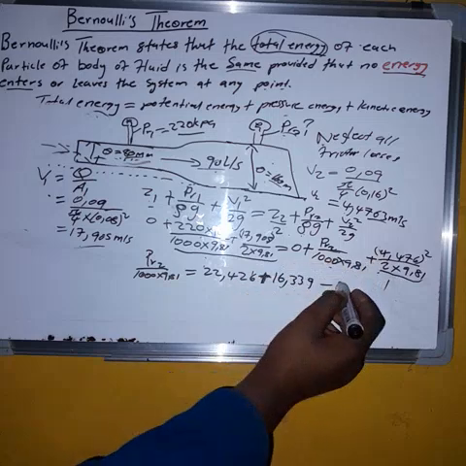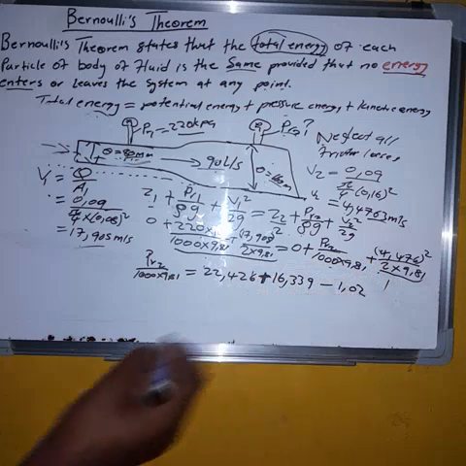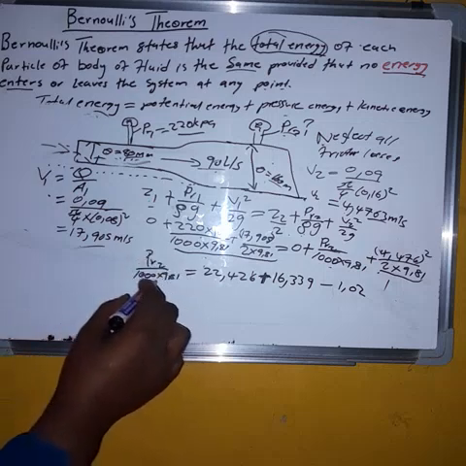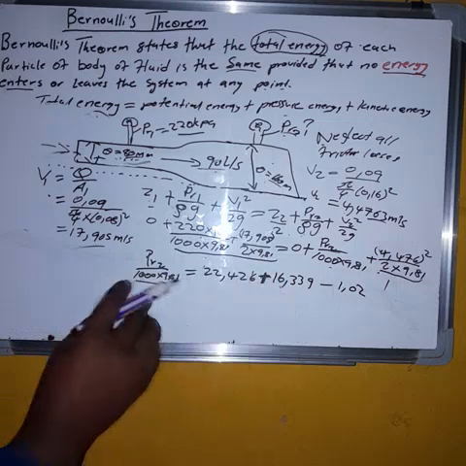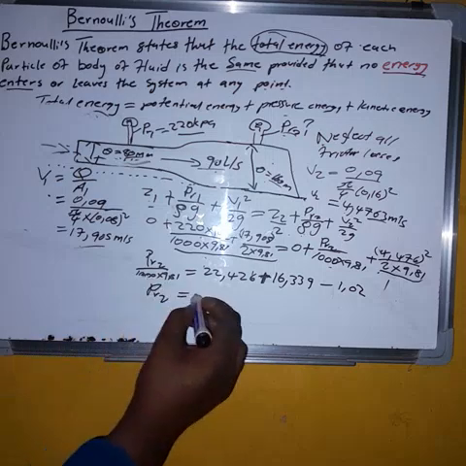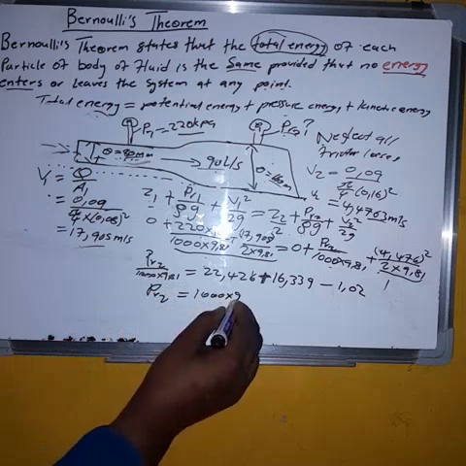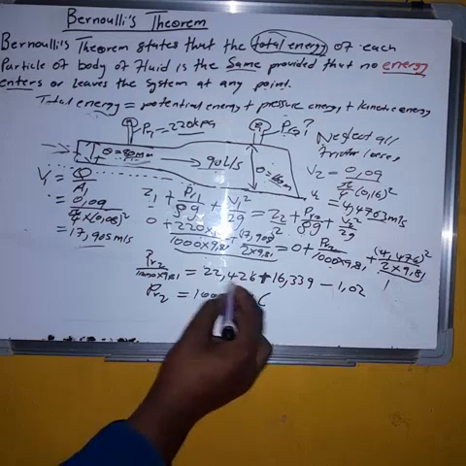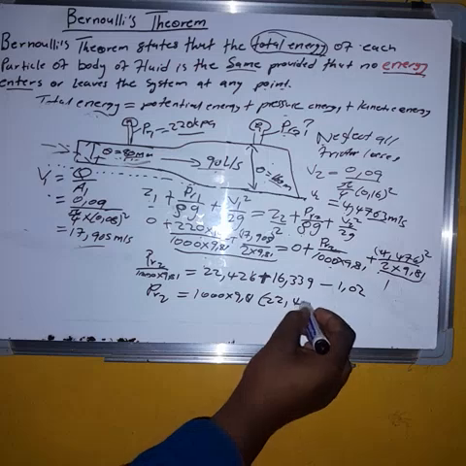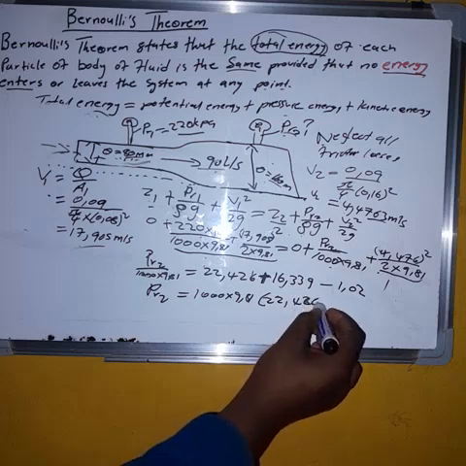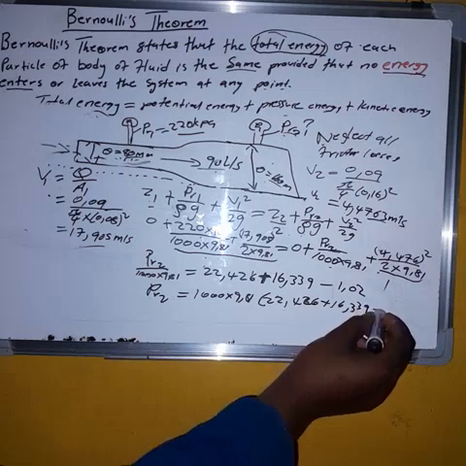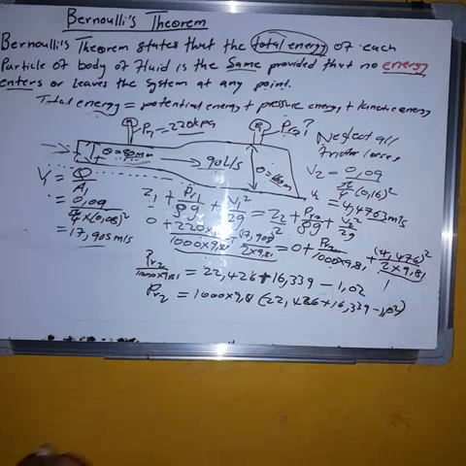When you transpose that, you multiply 1000 times 9.81 into the whole of 20.426 plus 16.339, subtract 1.02, in brackets.